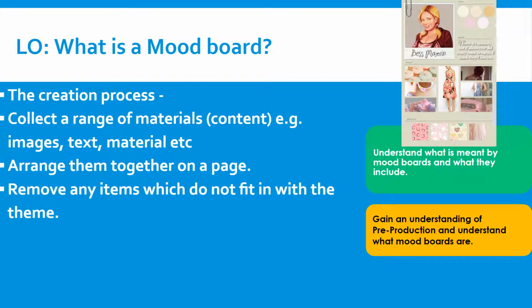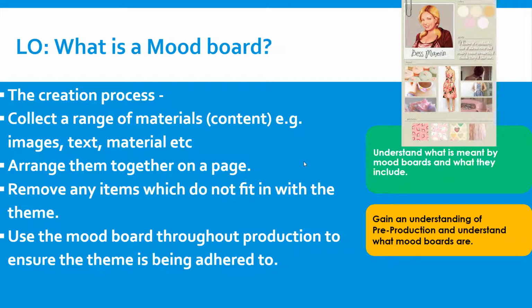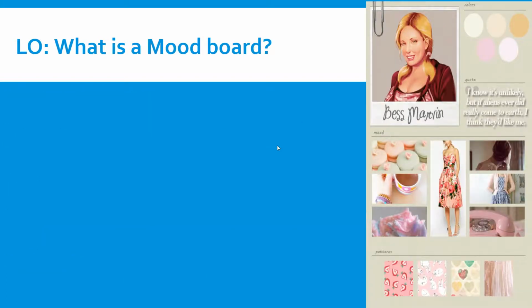So, for example, in this mood board example here, if you put a spaceship in there, is that relevant to the theme of that mood board? Probably not, because it's about fashion, not space. And make sure you use the mood board throughout production to ensure the theme is being followed. So keep referring back to your mood boards to make sure you are following the theme of the project.